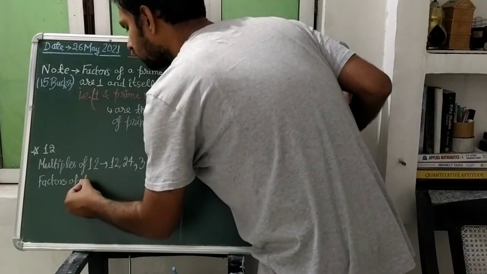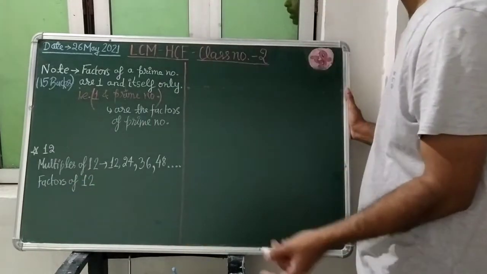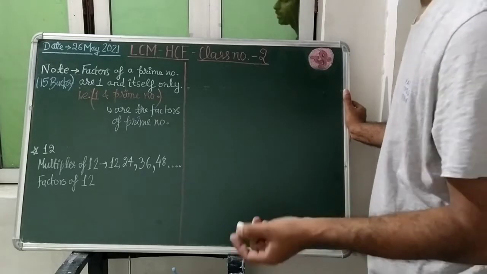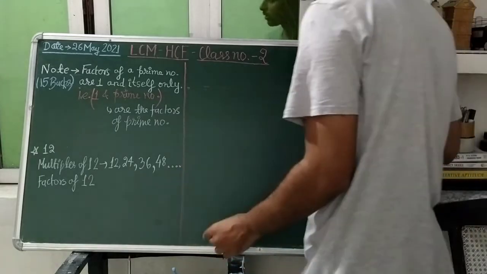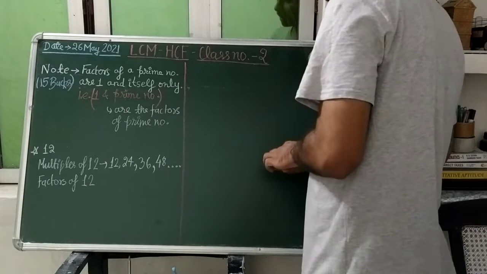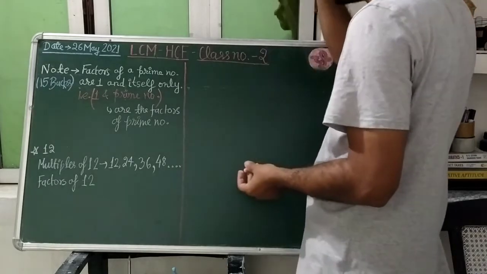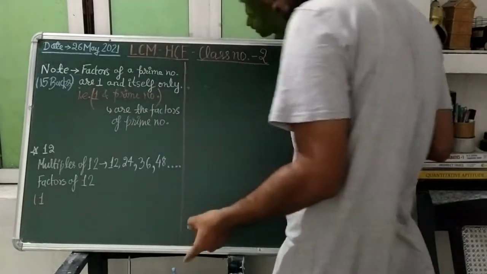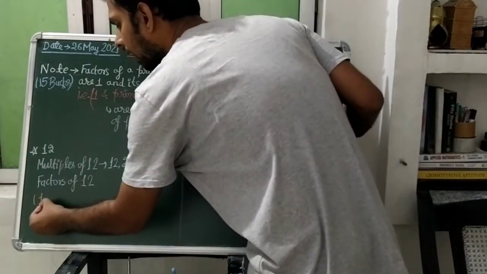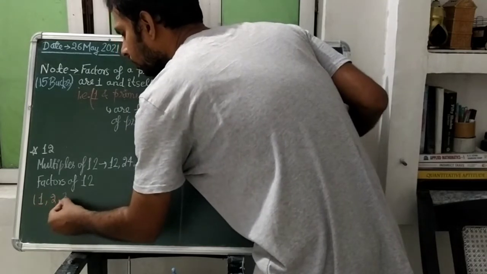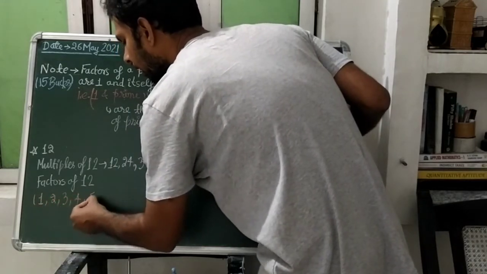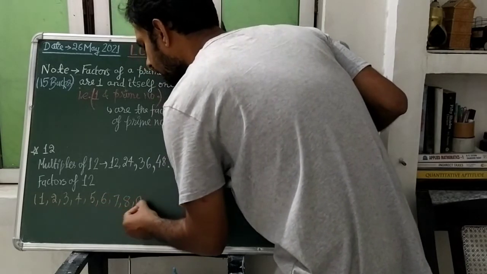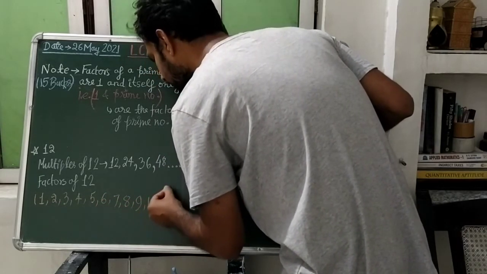And now the factors of 12. Whether 12 is a prime number or a composite number? Of course, 12 is a composite number, not a prime number. So to write the factors of 12, we shall move from 1 to 11: 1, 2, 3, 4, 5, 6, 7, 8, 9, 10 and 11.